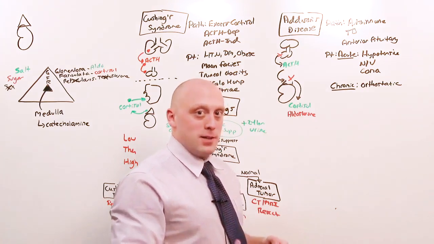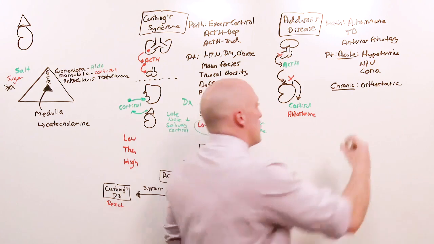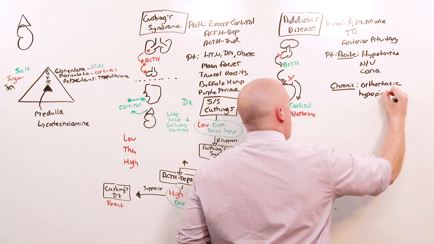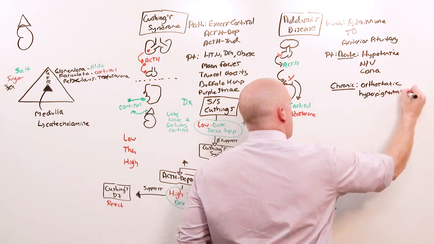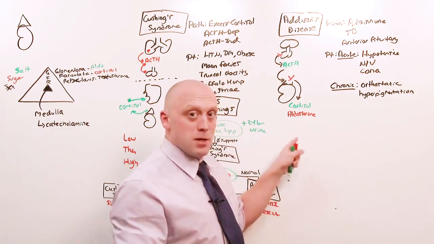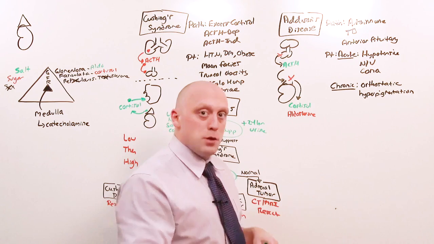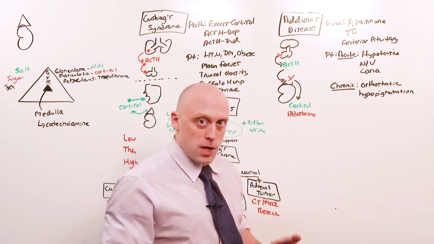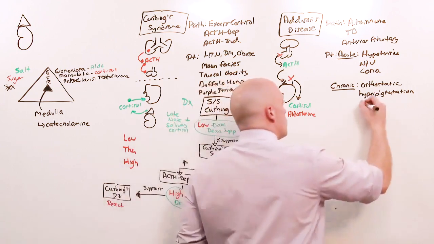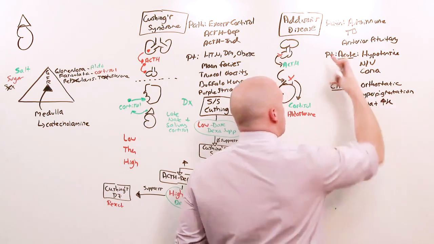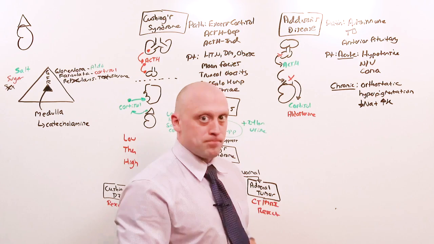A byproduct of ACTH being made is hyperpigmentation. And because aldosterone is not being made, you lose the ability to hold on to sodium and kick out potassium. So while not common, low sodium and high K might tip you off to Addison's.